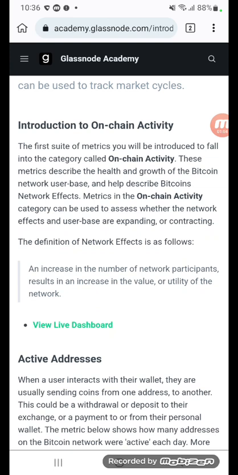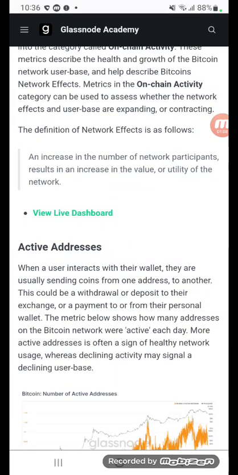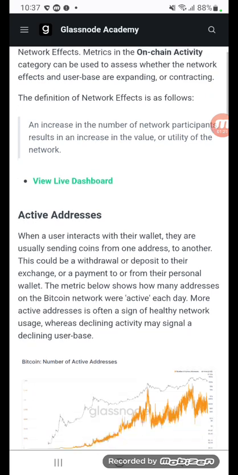The definition of network effect is as follows: an increase in the number of network participants results in an increase in the value or utility of the network.